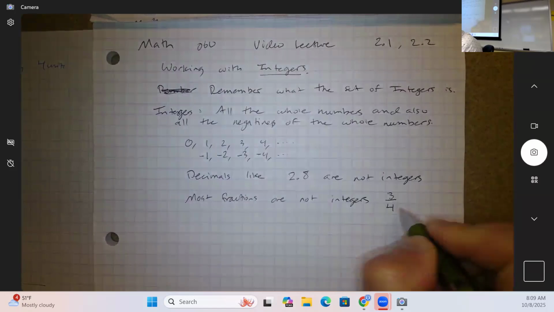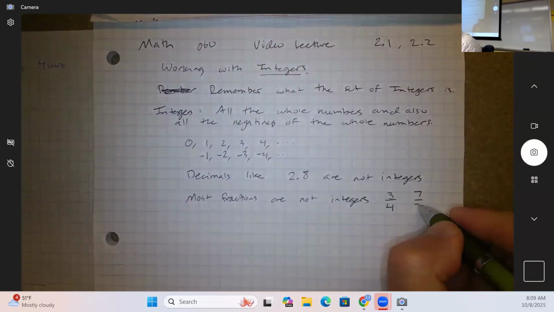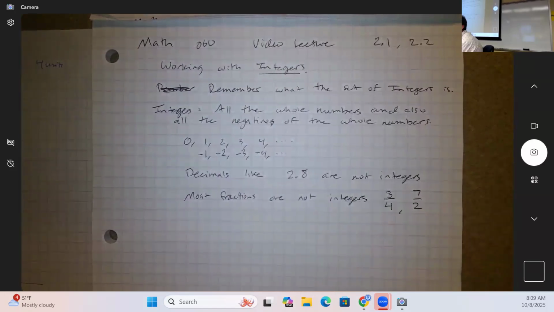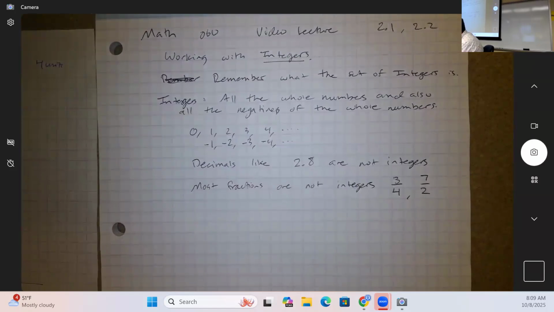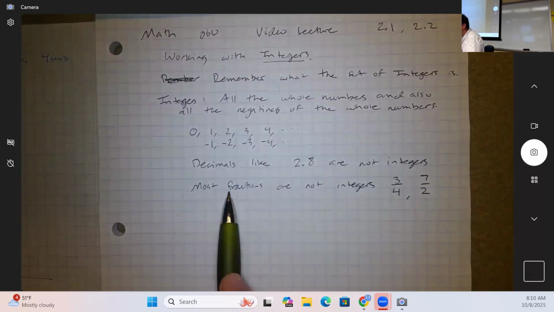Like 3 divided by 4, not an integer. 7 divided by 2, not an integer. However, and we'll come back to this when we get more into multiplication and division, if your fraction can reduce, it could be. Like, what's 4 divided by 2? That is an integer, right? Because it could be written just as an integer. But most fractions are not integers. As soon as we allow ourselves to start writing numbers as fractions, we've expanded beyond the integers.